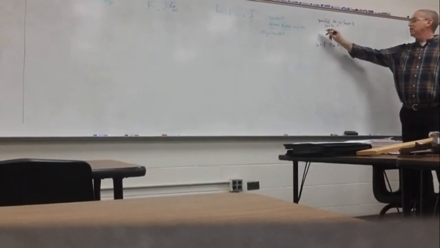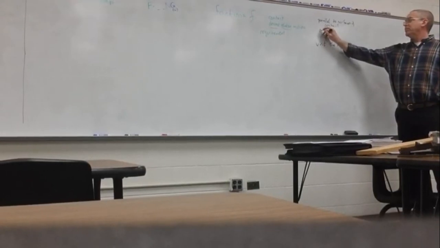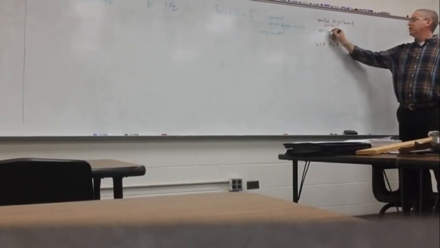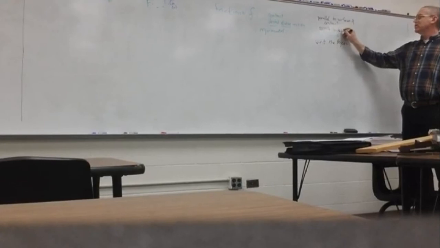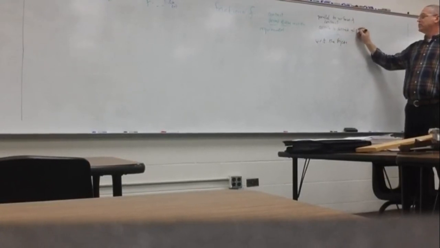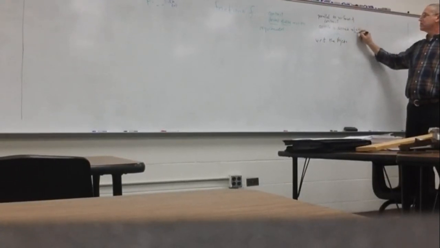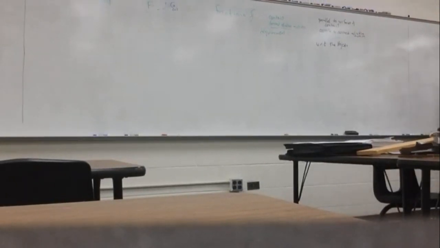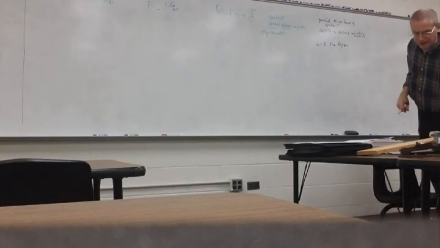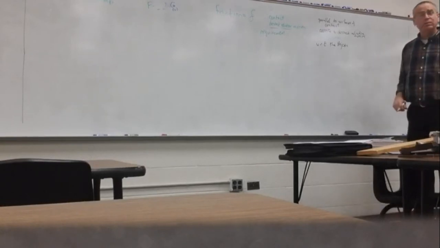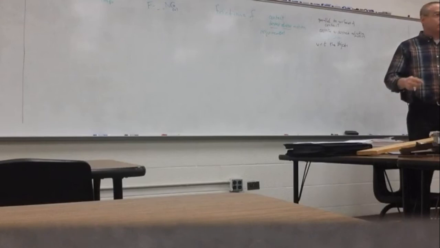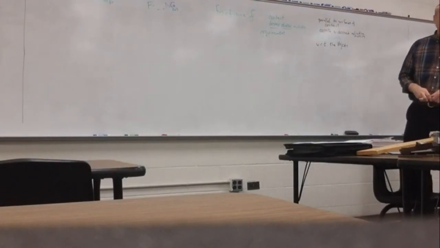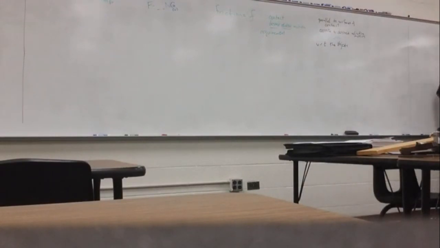And opposite to desired relative motion. That is the direction that friction will act. So the box wants to slide down the ramp, and so friction is acting on the box up the ramp. Relative to the ramp, the box wants to slide down. That's what I mean by relative motion. Relative to what the object's touching.